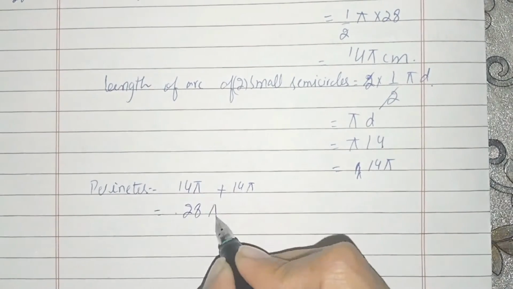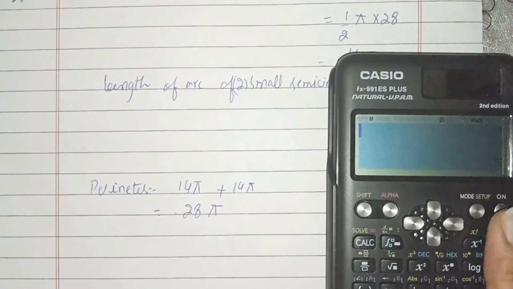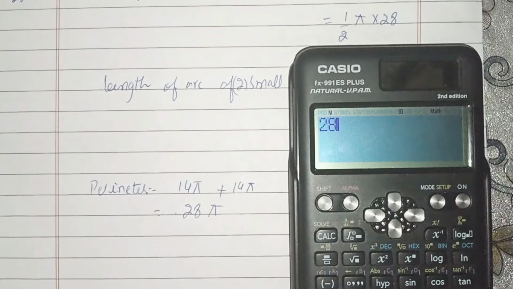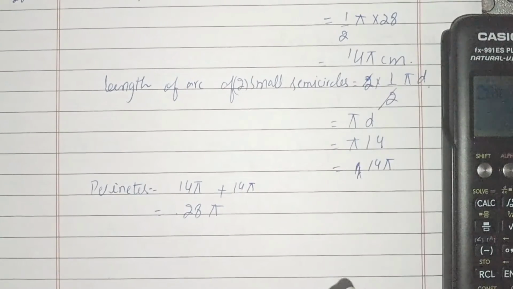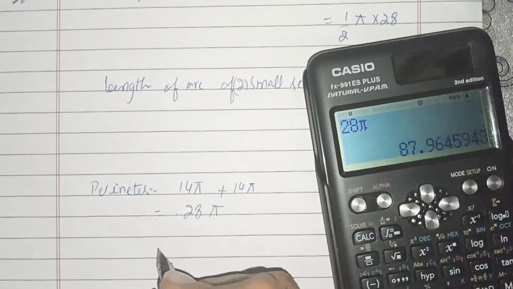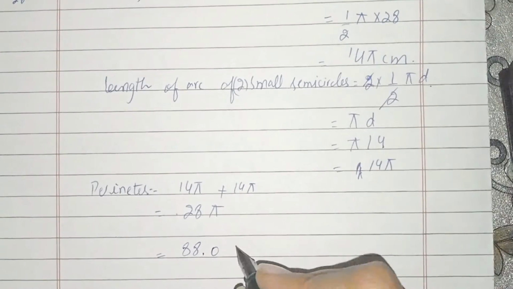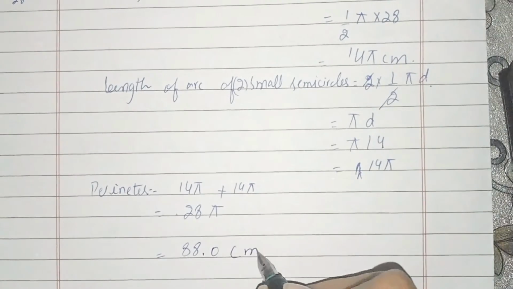By adding it, we get 28 pi, and solve it. 28 multiply by pi, and we get 87, and by round off we get 88.0, and this is in centimeter.